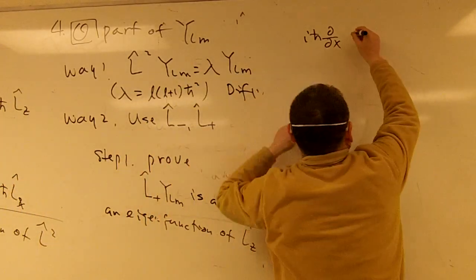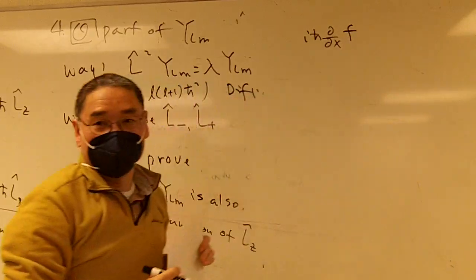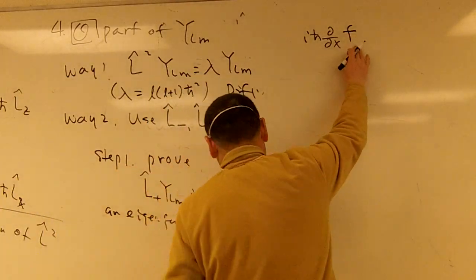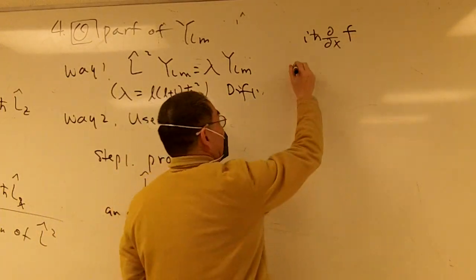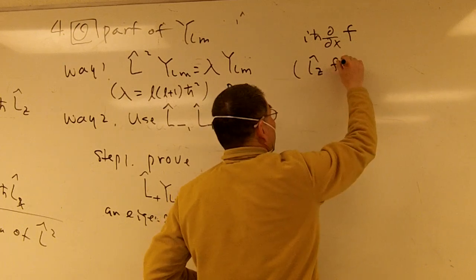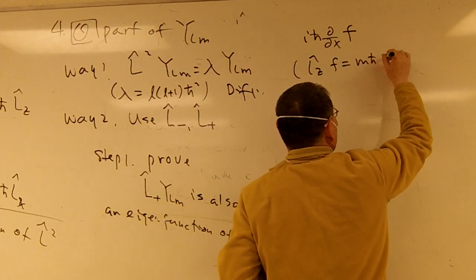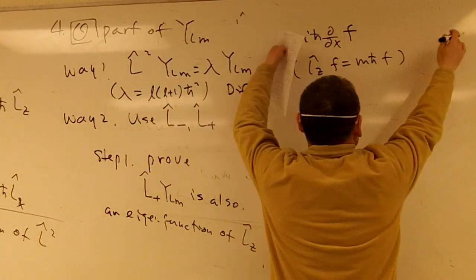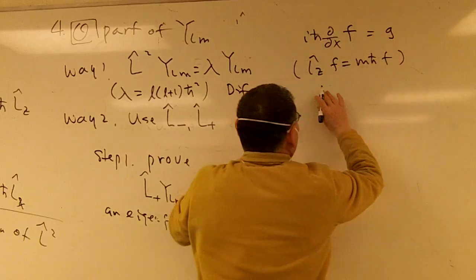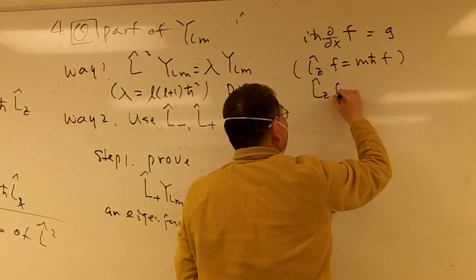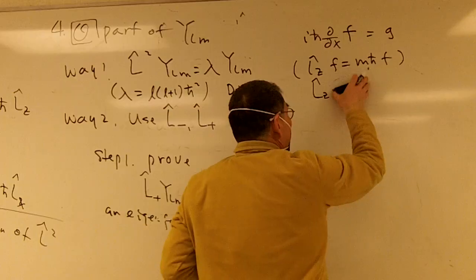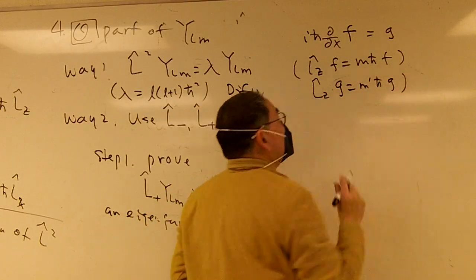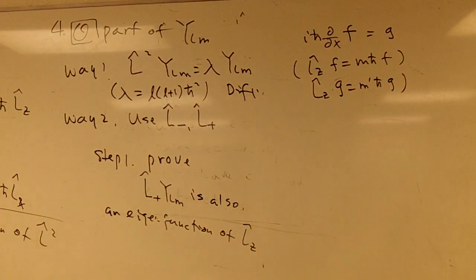With this assumption, if I have a function f like this, what this means is that f originally is an eigenfunction of Lz, which means Lz f equals the eigenvalue times f. Then, whatever you apply onto this becomes g. So then Lz g equals the eigenvalue times g like this. This is essentially what we are doing here.